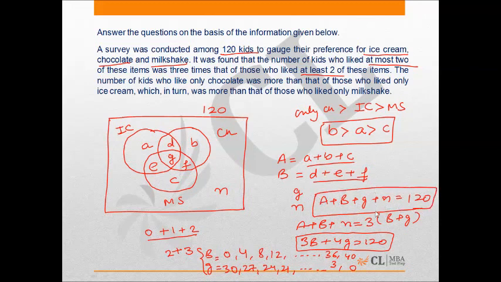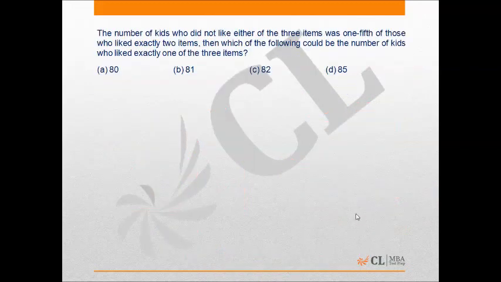So let us take the first question. In the first question it says the number of kids who did not like any of the three items was 1/5 of those who liked exactly 2, right? So in variable terms this means N is equal to B upon 5, right? So my N has to be an integer again, right?